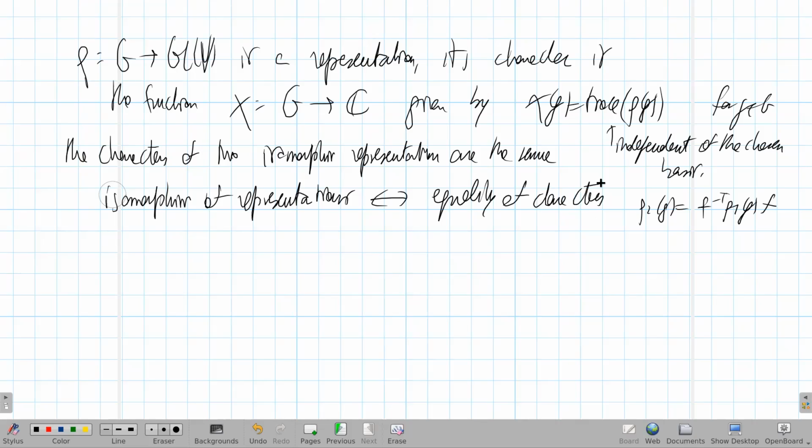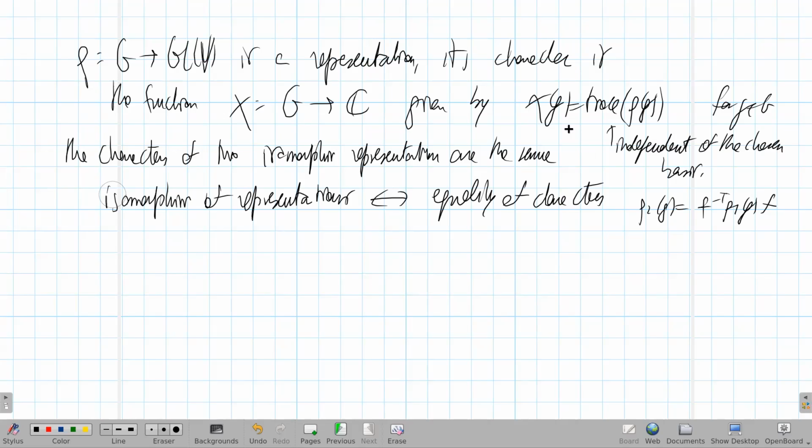And of course, believe me, it's much easier to deal with equality of functions in particular than to be dealing with isomorphism of representations. Because after all, isomorphism depends on knowing whether there is or not a map F, whereas equality, you just compare. You don't need to solve this equation in a determinate F, okay?